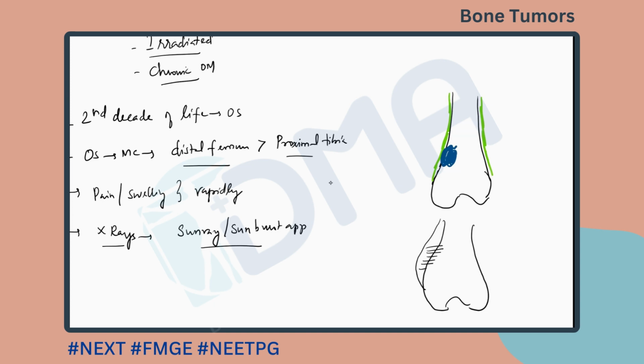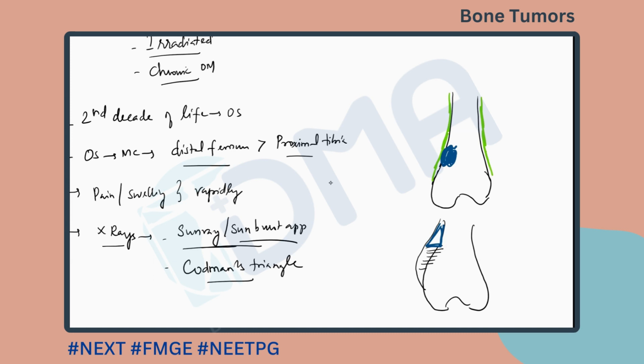Now, when the periosteum is lifted, you get a triangle-shaped area here. That is called Codman's triangle. So, if you see Codman's triangle, or a sunray or sunburst appearance in an X-ray of a child, the most common diagnosis is osteosarcoma. Very, very important point. These are frequently asked questions.